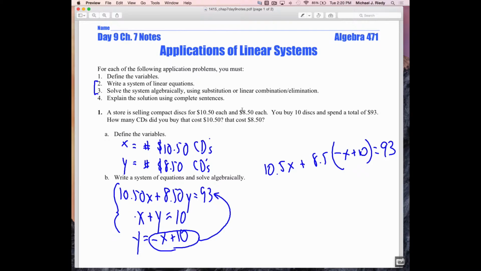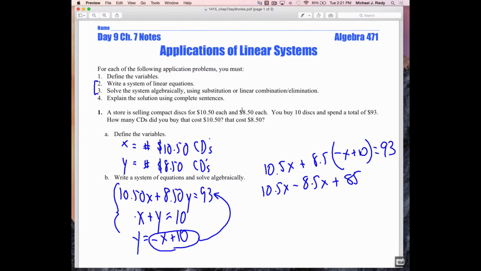Notice I dropped the zeros because 10.50 is the same thing as 10.5. What do I do next? You distribute. Beautiful. Keep going. 8.5 times negative x is negative 8.5x plus 8.5 times 10, which is 85.